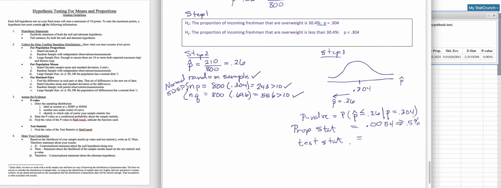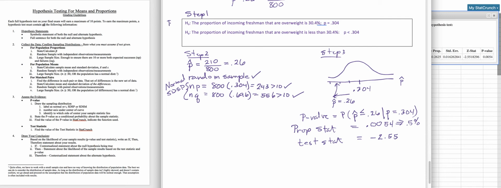Let's put that together with our test statistic, negative 2.55. So again, here's about 1 standard deviation below, 2, 3, and our p-hat value is about right here, about 2.5 standard deviations below the mean. So we've got an unlikely event.